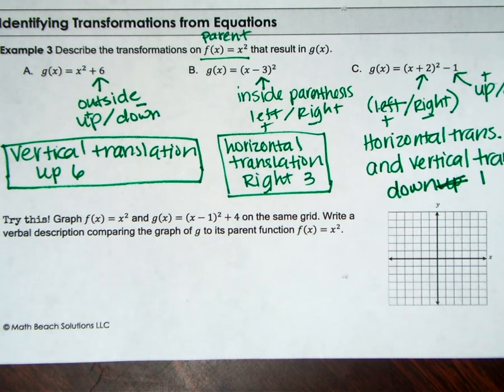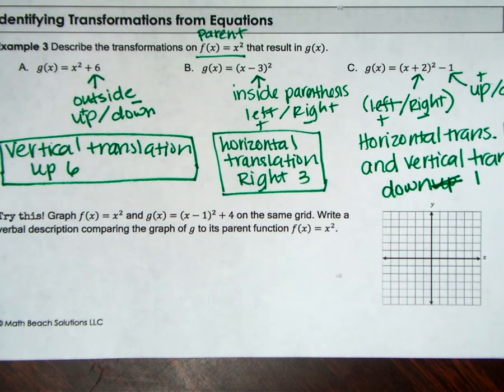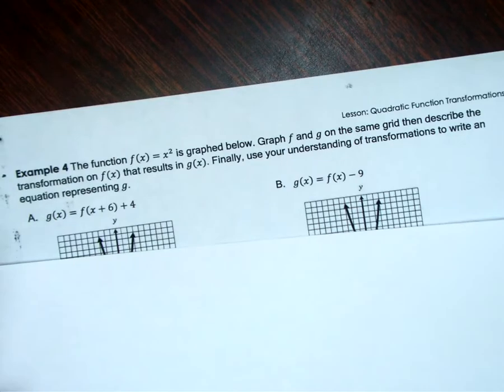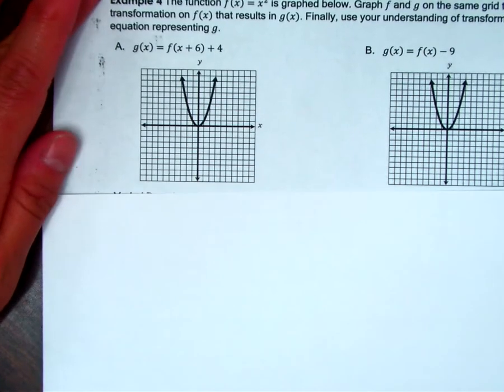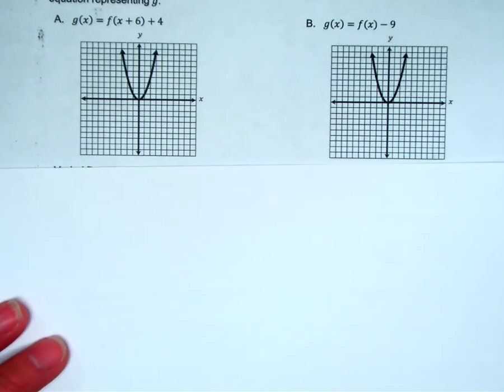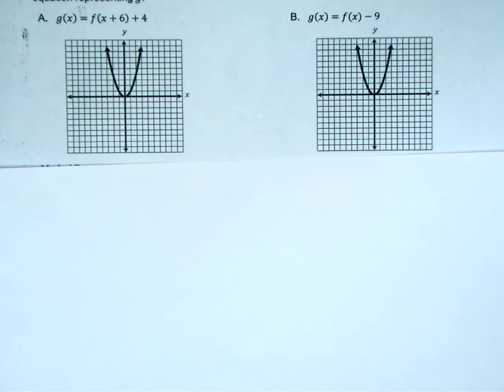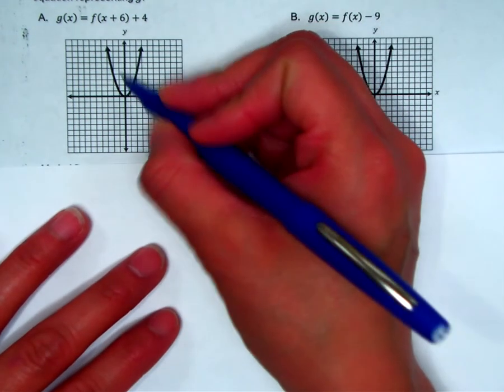All right, we're going to move to the last few examples that I have, and then you're going to go ahead and get started on your Desmos activity. On this next example, you're given your transformation, and we're going to graph them based on the description here. So here your parent function is already graphed for you.